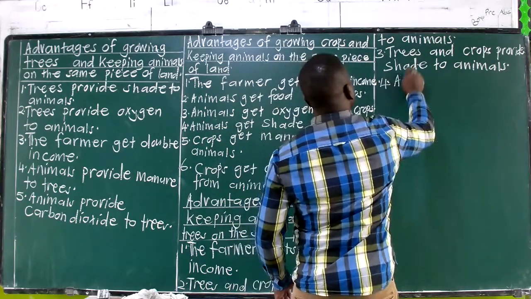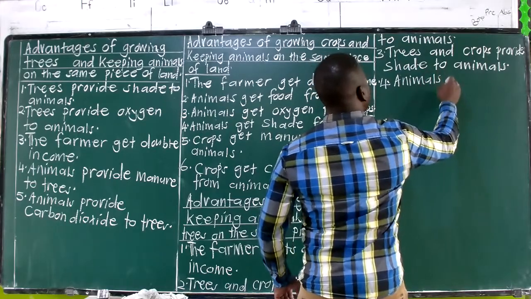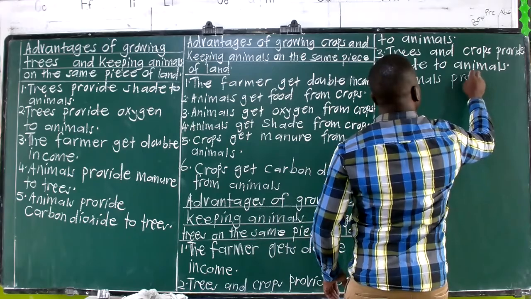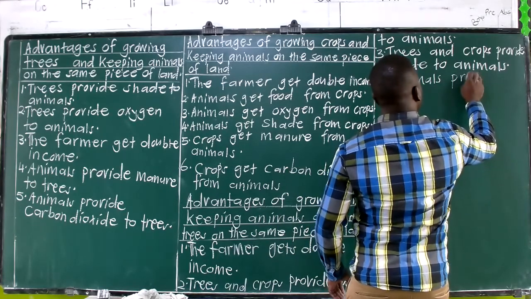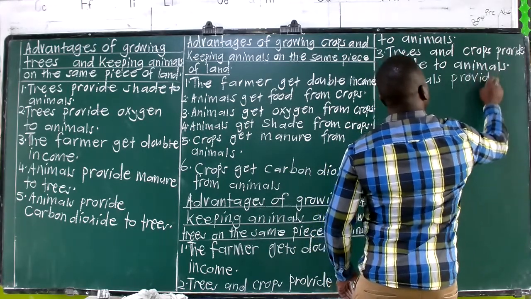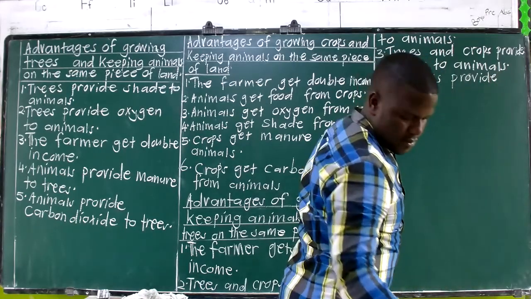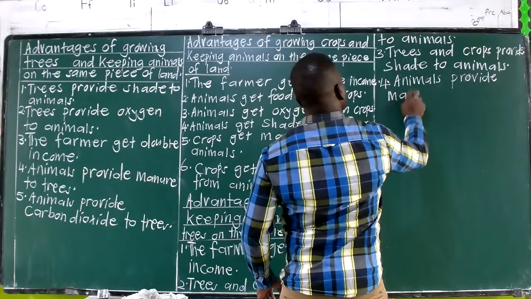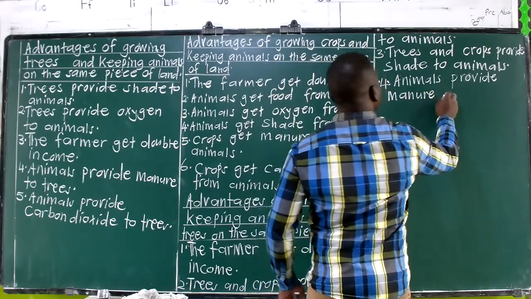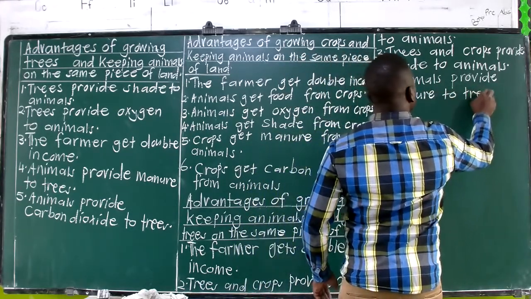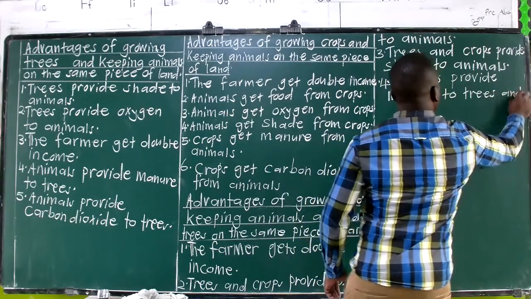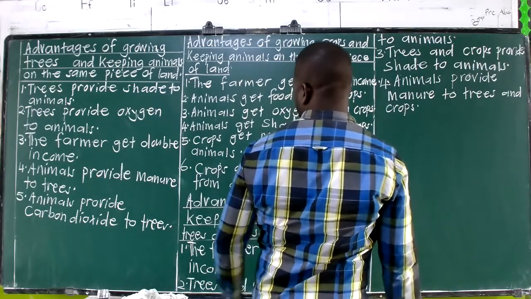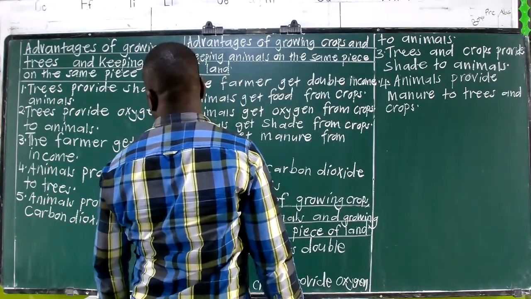Then number four, animals provide manure to trees and crops.